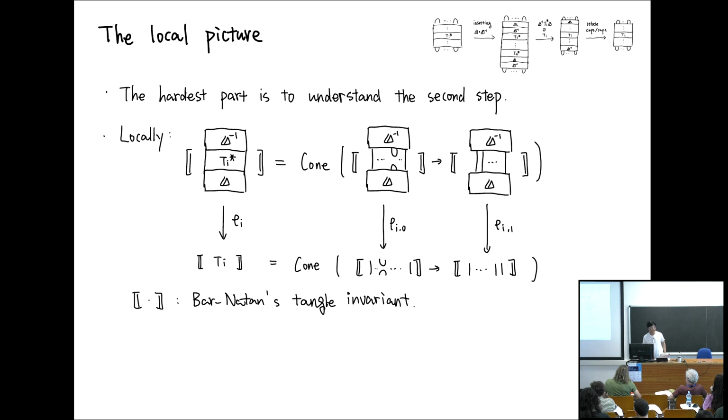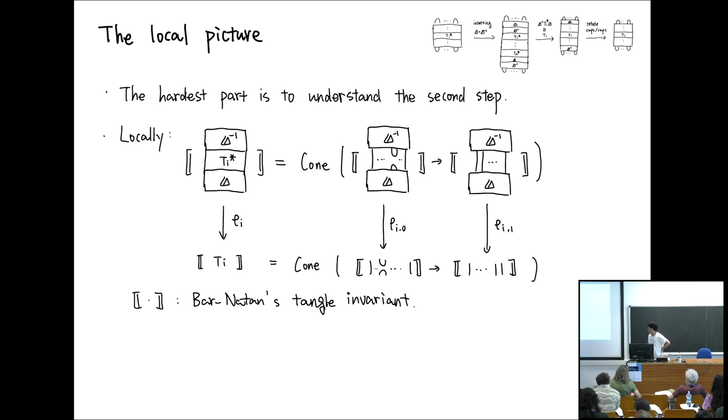The important thing here is that these rho i0 and rho i1 maps are induced by some Reidemeister 1 and 2 moves, but not Reidemeister 3. That will be important, because there's something called a strong deformation retract, which allows you to use the homological perturbation lemma to create this homotopy.